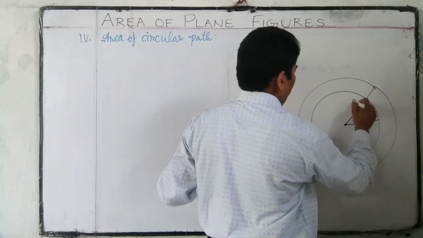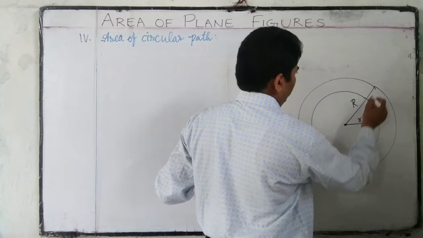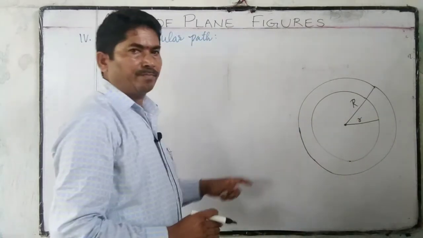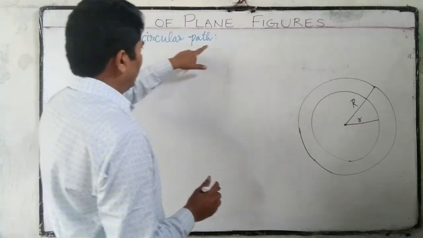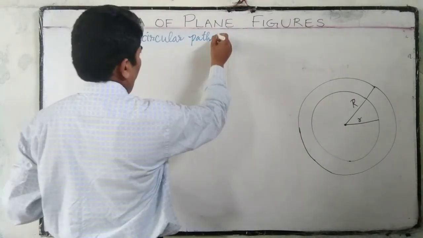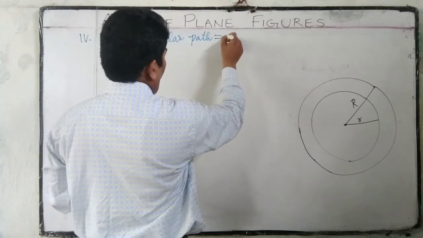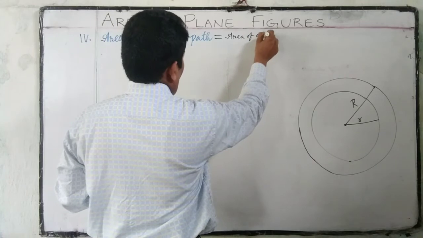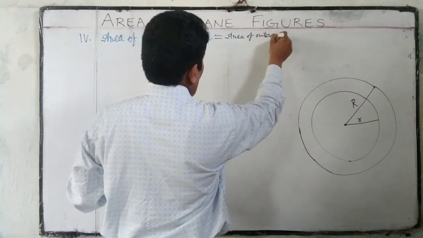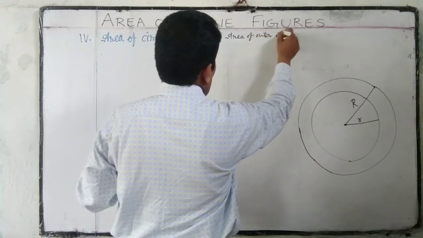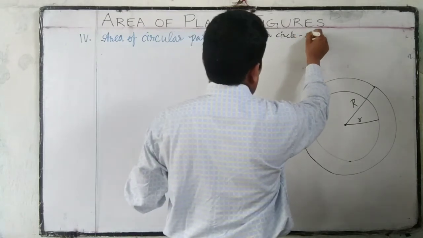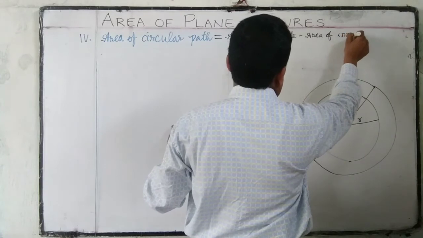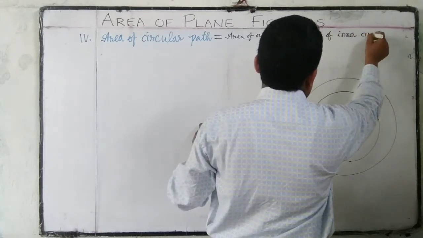This is the radius of the outer circle. Big one is bigger, small one is smaller. So area of circular path is equal to area of outer circle minus area of inner circle.